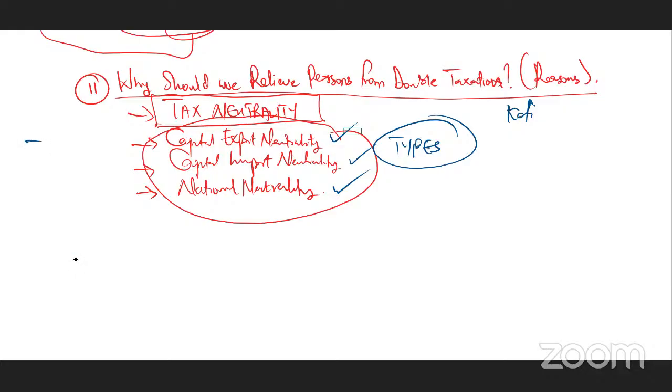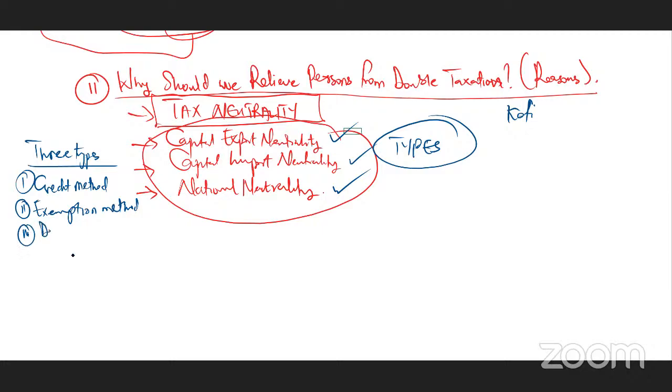So there are 3 types of reliefs. There are actually 4, but there are 3 types of relief that these are based on. So to relieve people from double taxation, that's what we call the credit method. After this, we'll come and understand them, right? That's what we call the exemption method. And there's what we call the deduction method.